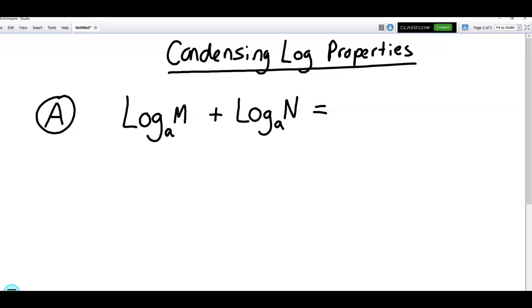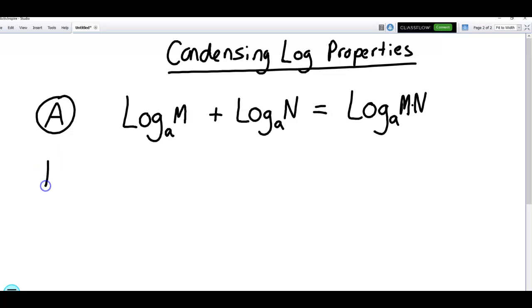Suppose you have 2 logarithms that are being added together. You can put those 2 logarithms together into one log if you multiply them together. I'll show you what that looks like. Okay, so that's our first one that I'm going to share with you today.